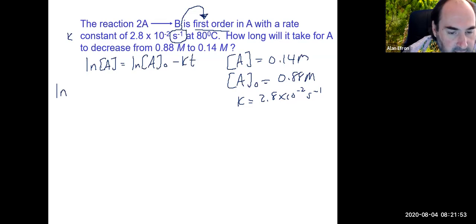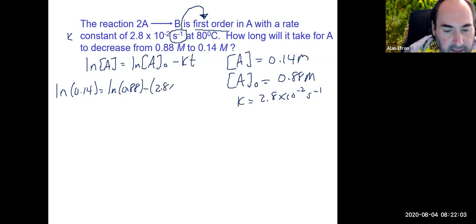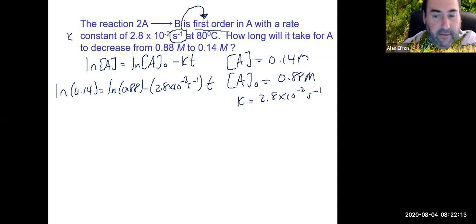So the natural log of our final, 0.14, equals the natural log of our initial, 0.88, minus 2.8 times 10 to the minus 2 reciprocal seconds times t, which is what we're solving for. Mathematically there's a couple of ways to do this, but probably the easiest is step by step.